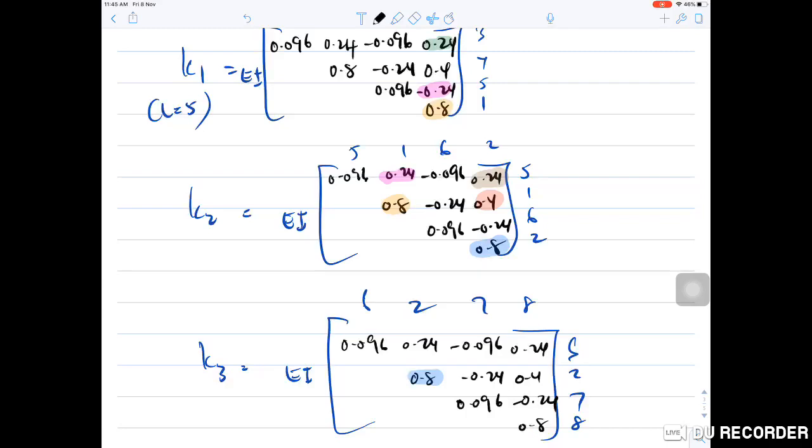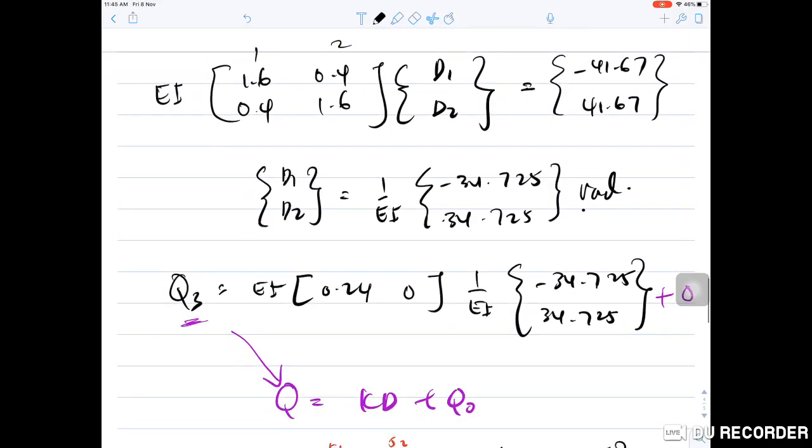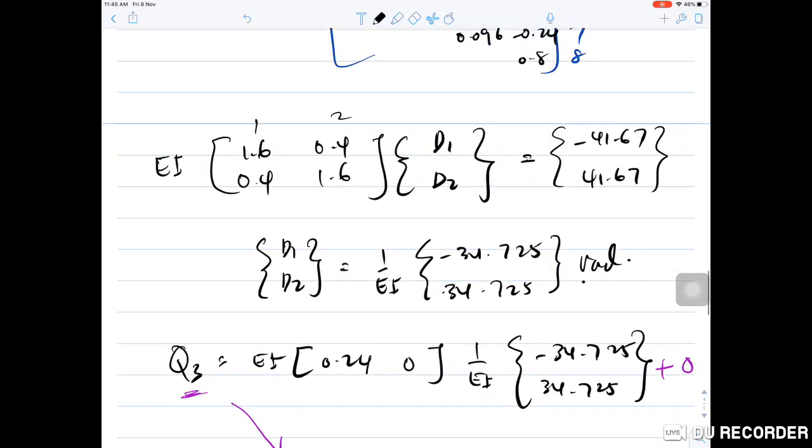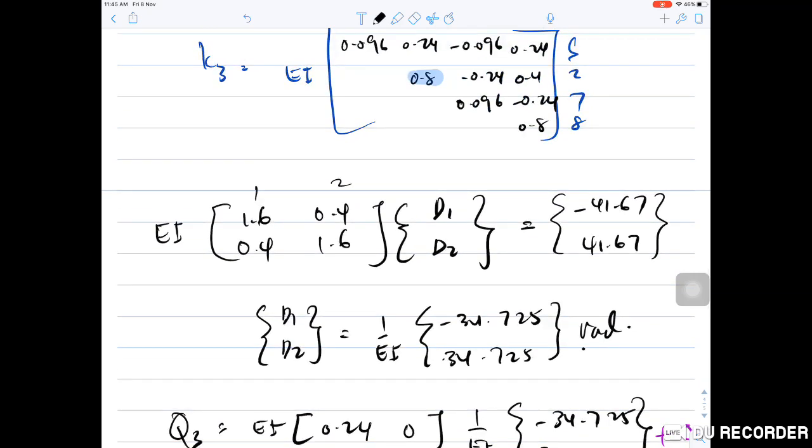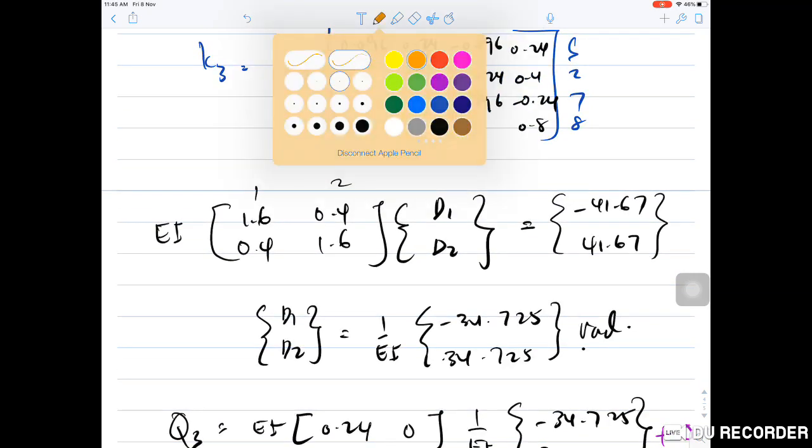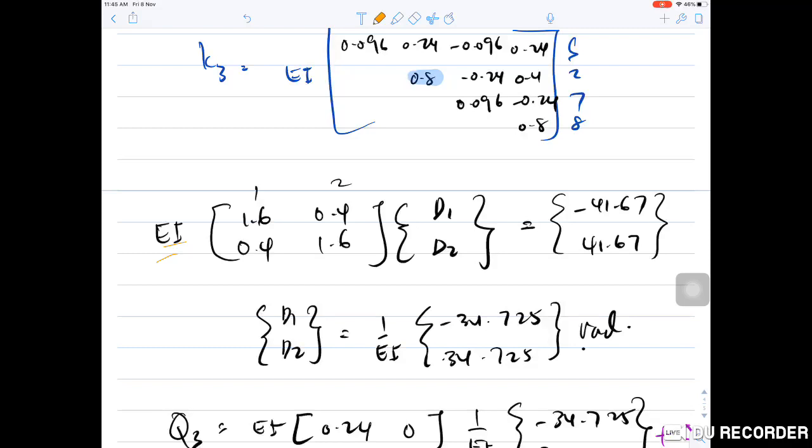And then we solve for the unknown displacement. If EI is given, we can consider EI, but to solve for displacement, we don't need EI actually. If we have EI, we divide the final answer by the EI value, then we get the rotation in radians.